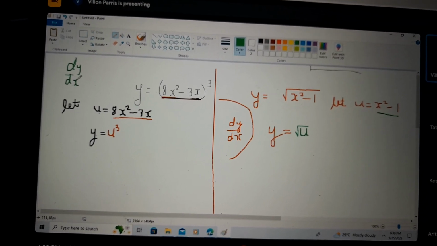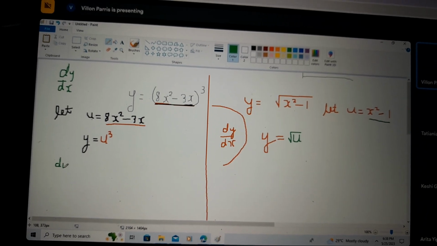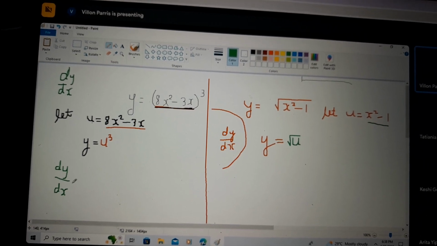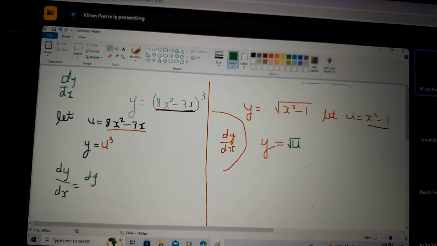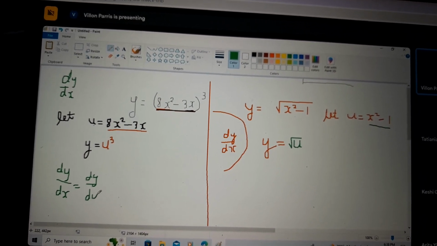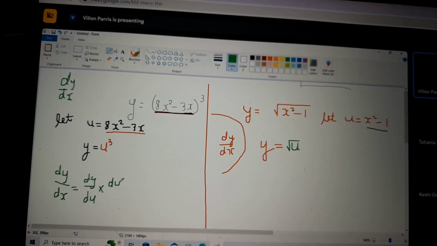In order to get dy/dx, this is the general formula for the chain rule. dy/dx is equal to dy/du times du/dx.